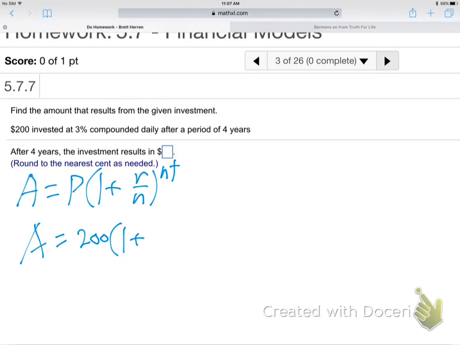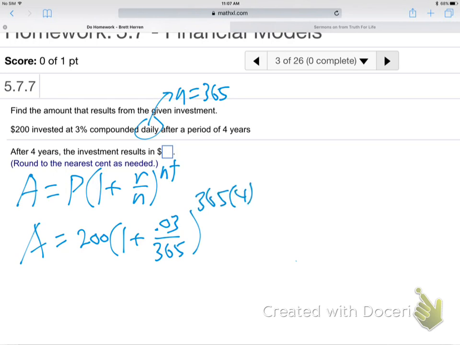Principal's 200. The rate is 0.03. N, what's N on this one? 365. Yeah, daily. N is the number of compoundings per year, 365. And time is again 4 years on this one.